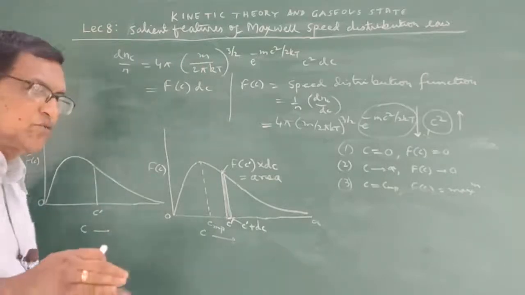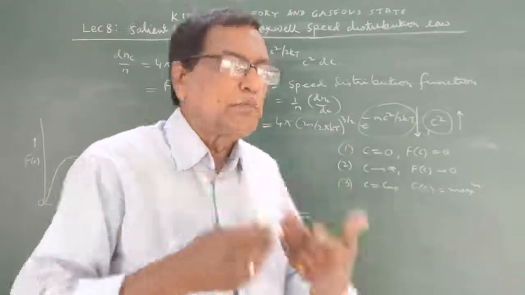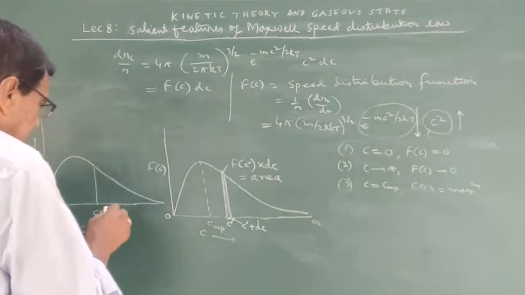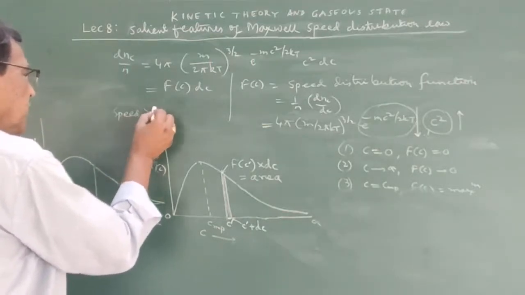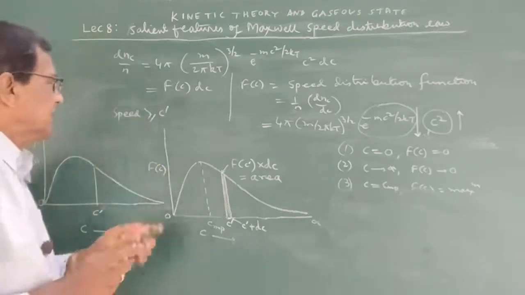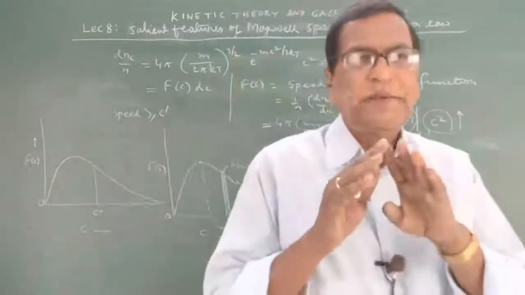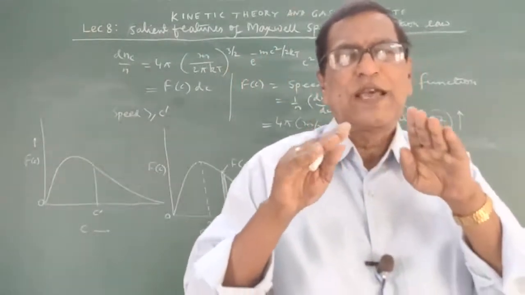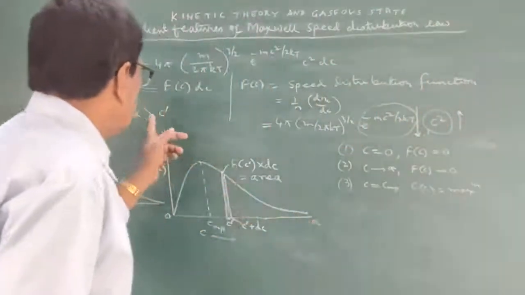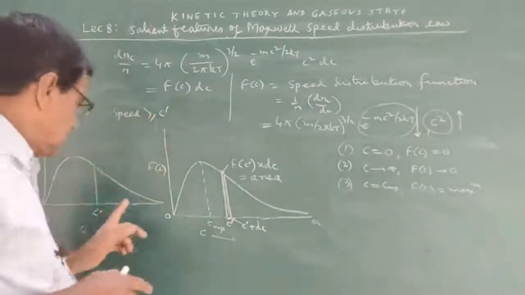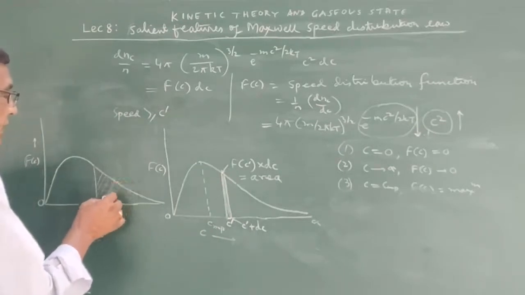If we would like to calculate the fraction of the molecules having speed greater than or equal to c', that is, the fraction of molecules having speed c' to infinity, then it will give you this area.